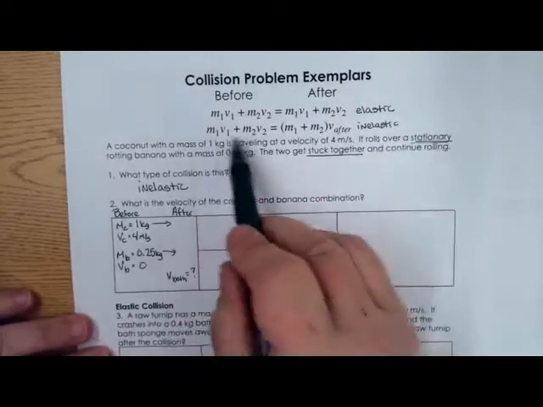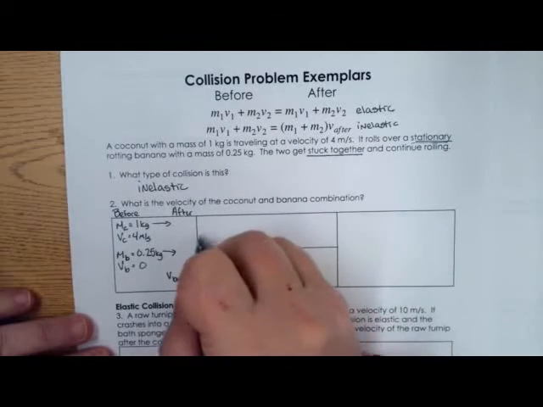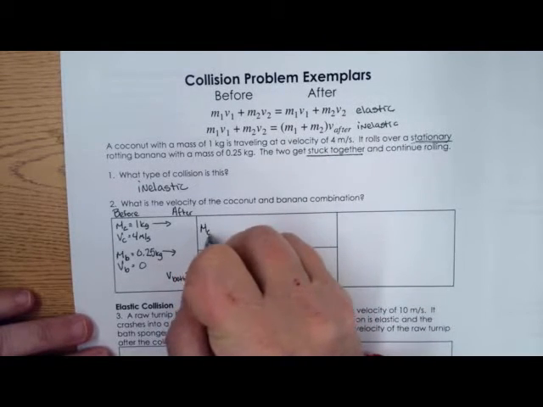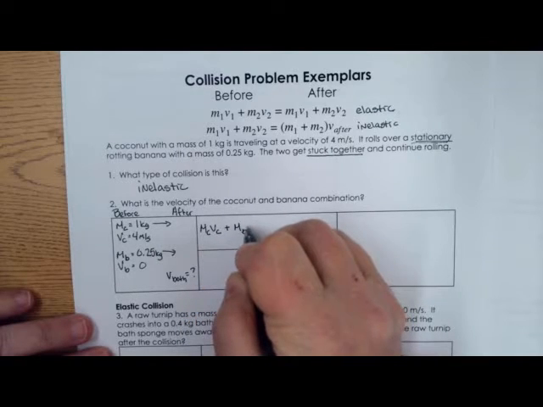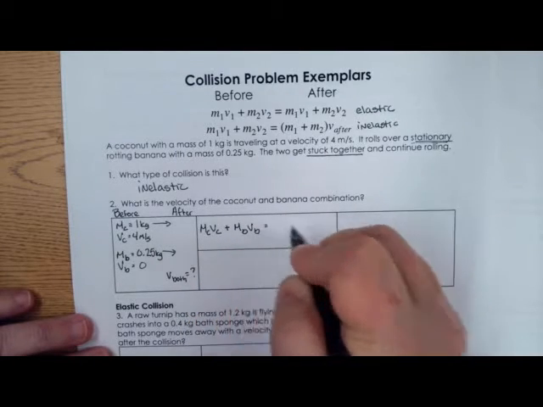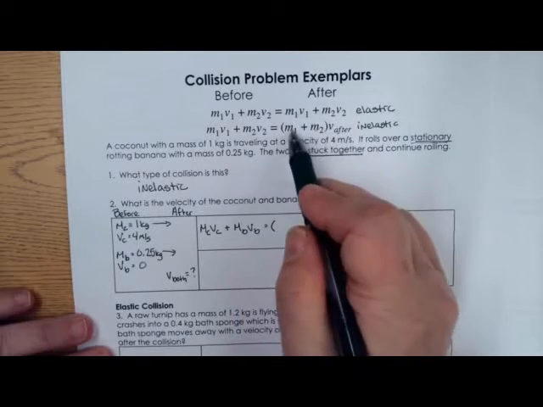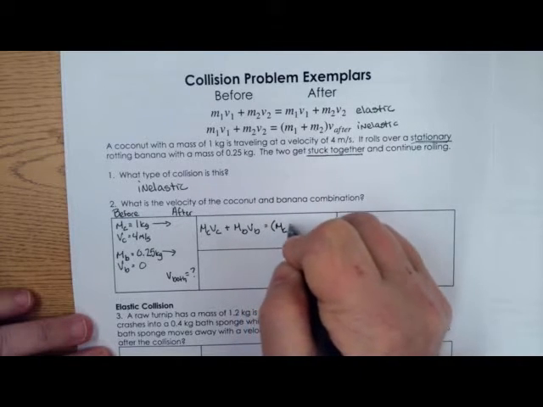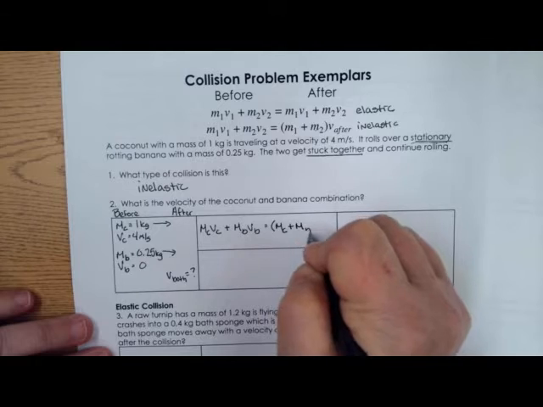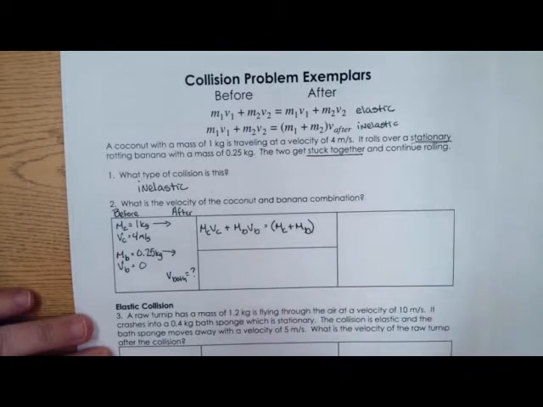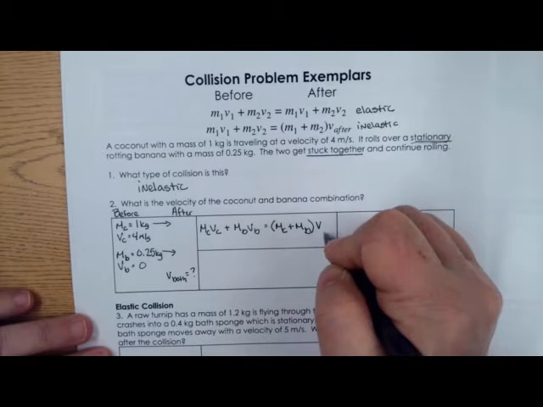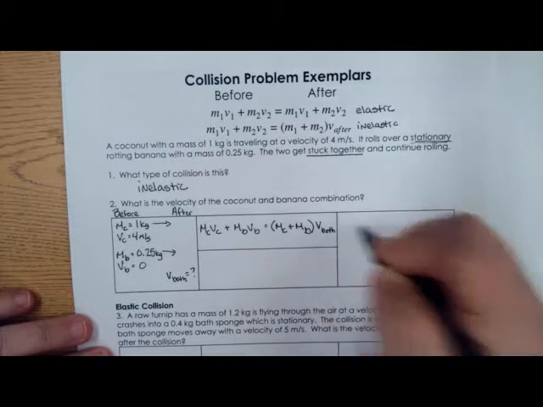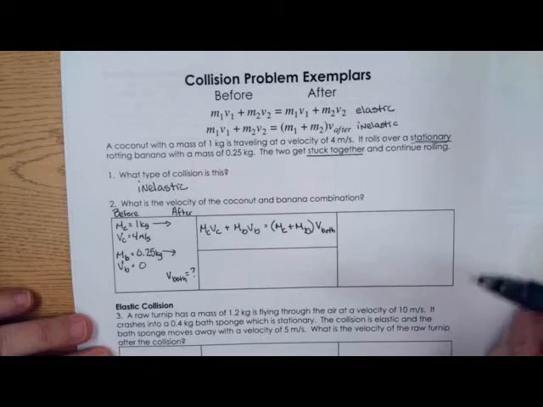Okay, so let's take a look at our equation here. We said that this was for inelastic. So we have mass of the coconut times velocity of the coconut, plus the mass of the banana times the velocity of the banana, equals mass of the coconut plus the mass of the banana, because they get stuck together, they're now considered one mass. And then we have the velocity of both. Okay, so let's start substituting in.